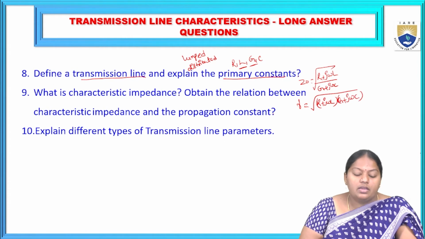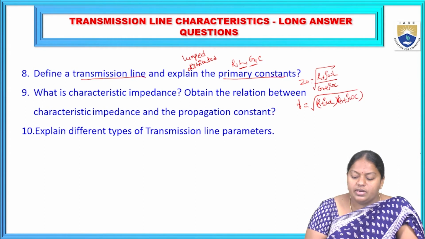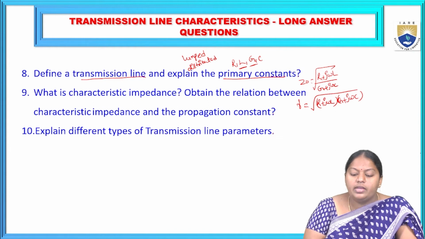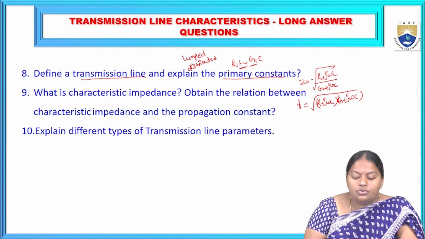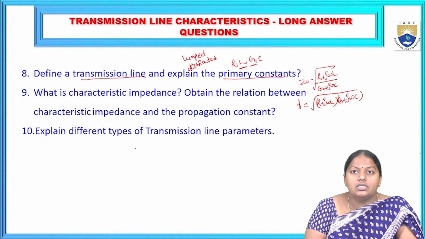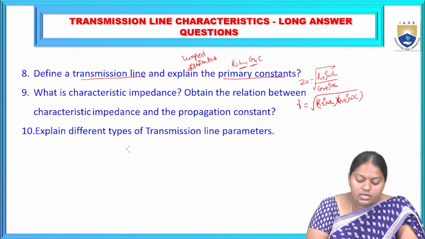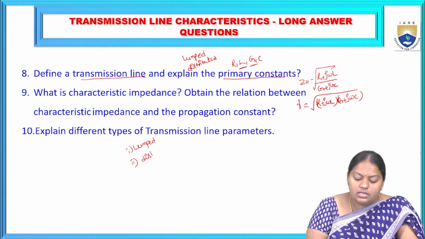Next, explain different types of transmission line parameters. As we know, depending upon the length of the section, we have considered two different types of parameters related to transmission lines. The first one is the lumped element section, and the second one is the distributed element section.